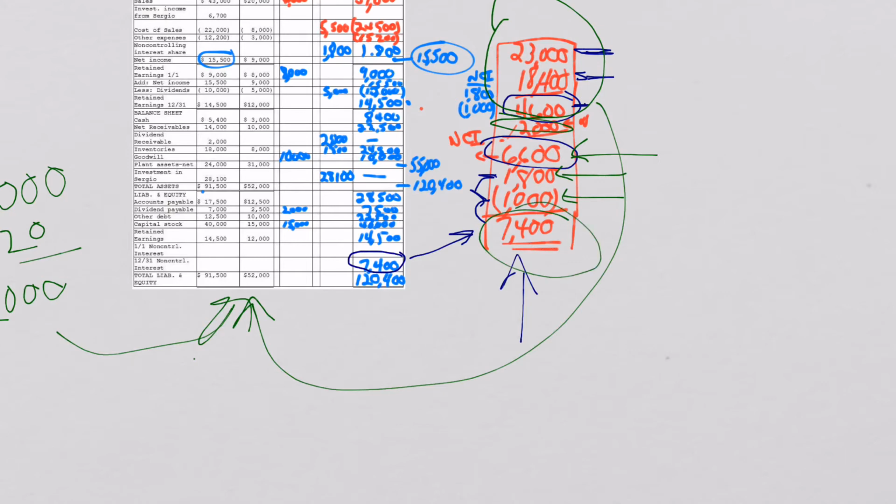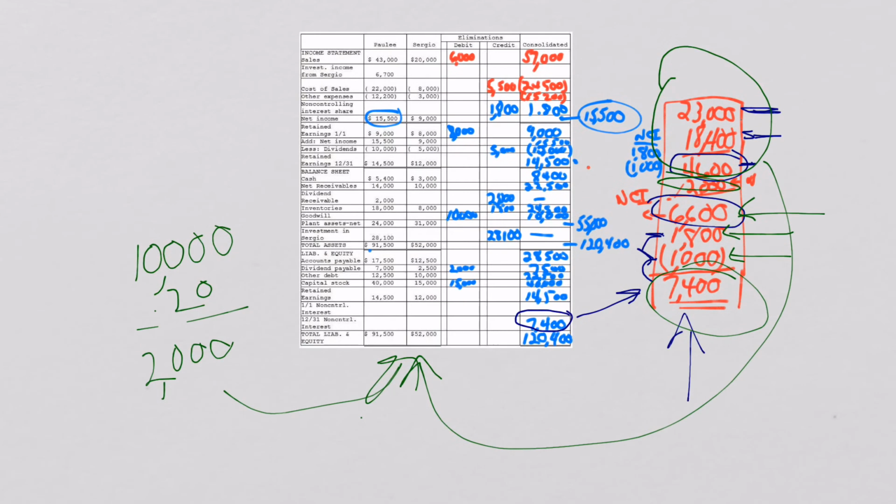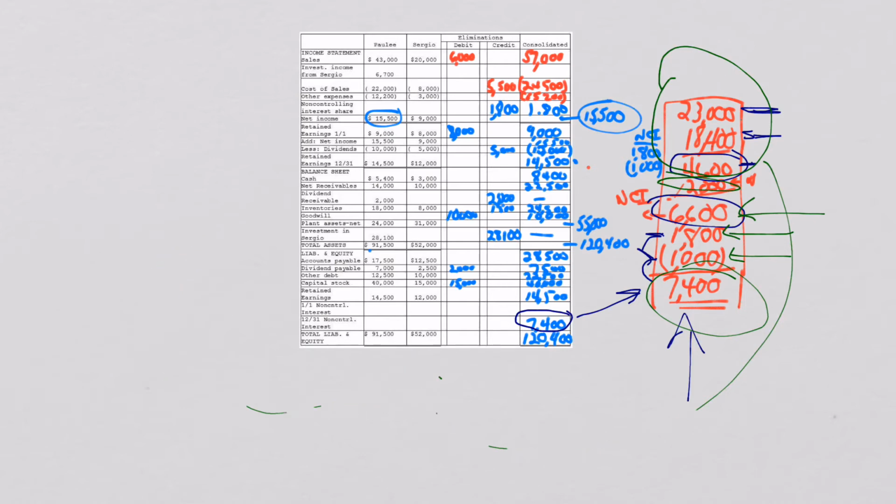That worked in class, and I just want to review that here. What we were trying to do in class is take the other shortcut method, which works like this. The other shortcut method, which we used in Chapter 3, was to take the amount shown as the investment in the subsidiary, which is here, 28,100, divided by the parent's portion.